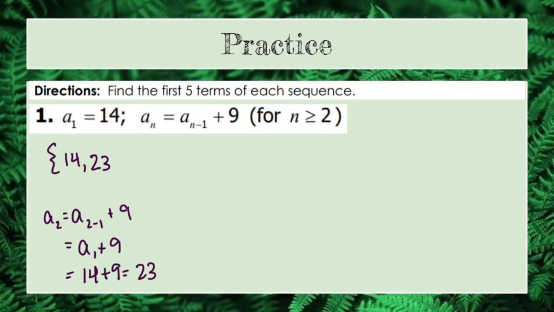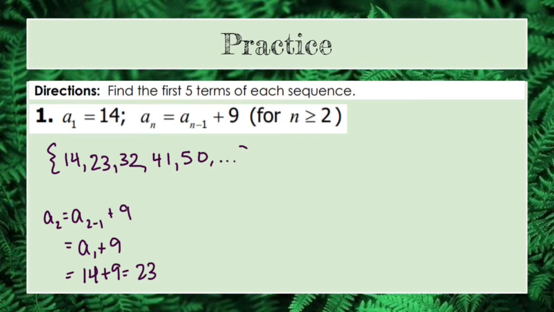Now, the easiest way to think of this is, if we're subtracting 1, that means this is the term that came 1 before that in the list. So this is just the previous term plus 9. So 23 plus 9 is 32. 32 plus 9 is 41. 41 plus 9 is 50.